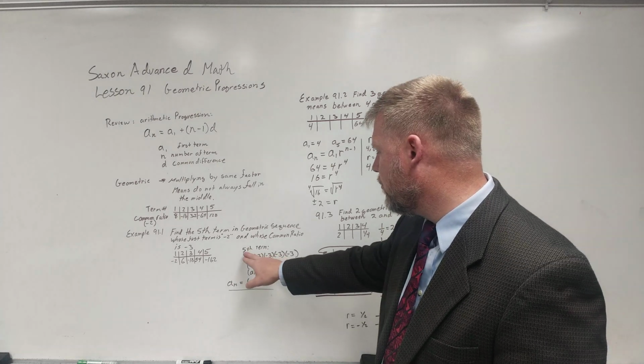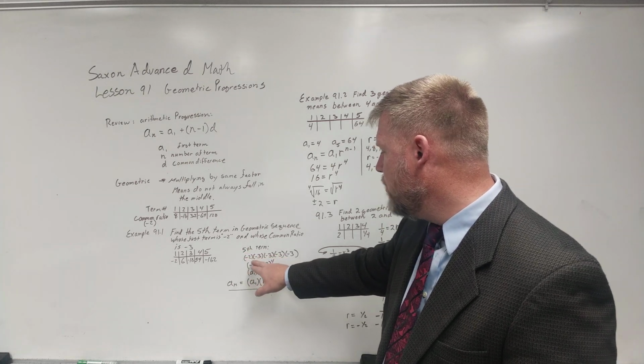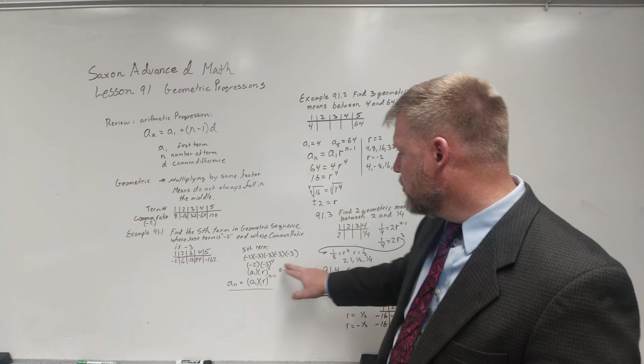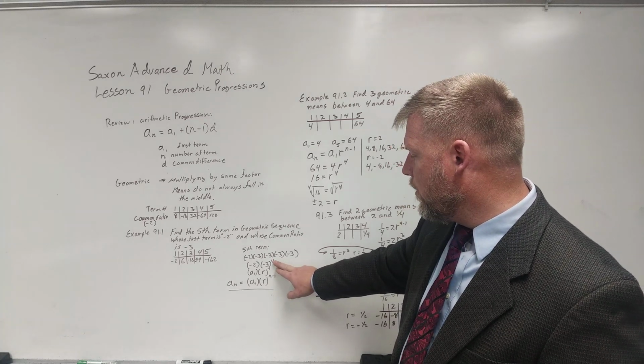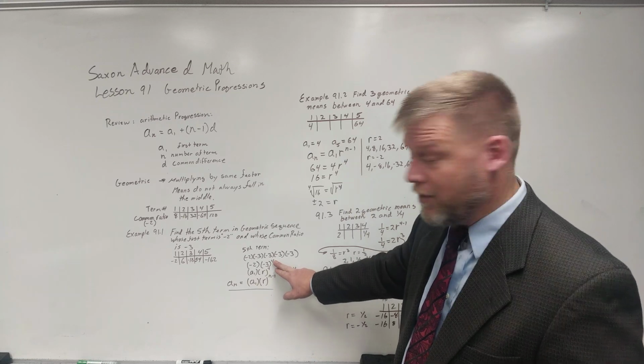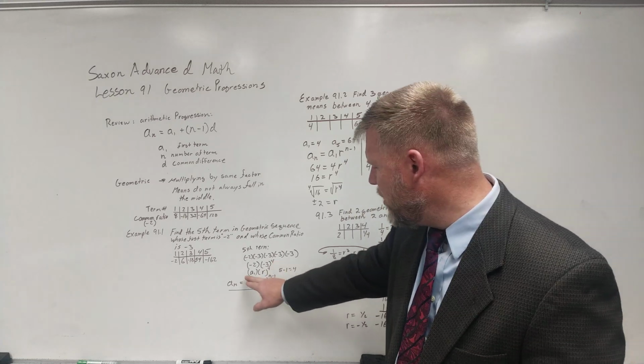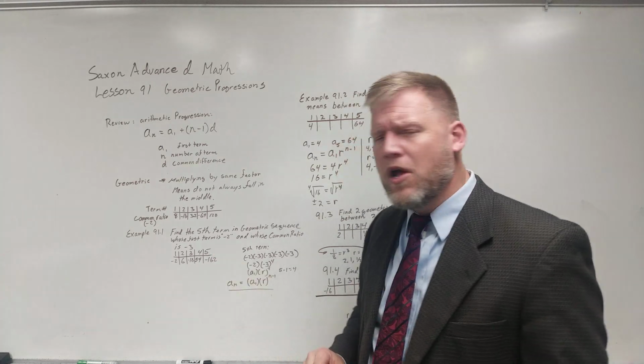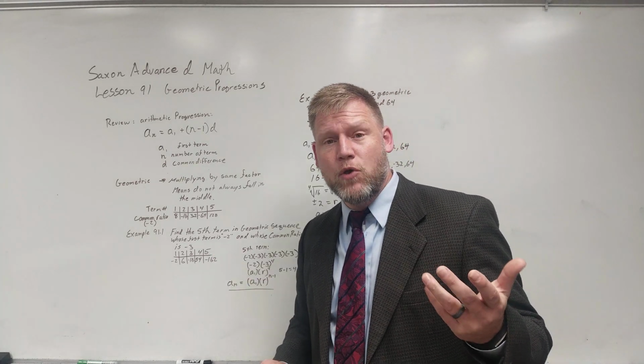So when I look at this fifth term, I'm really saying it's -2 times -3 multiplied by itself 4 times. So I would say this is a 4 because that's how many times it's multiplied by itself. So a_1 times my common ratio to the fourth would give me the fifth term. Well, how would I get that to always be 1 less?